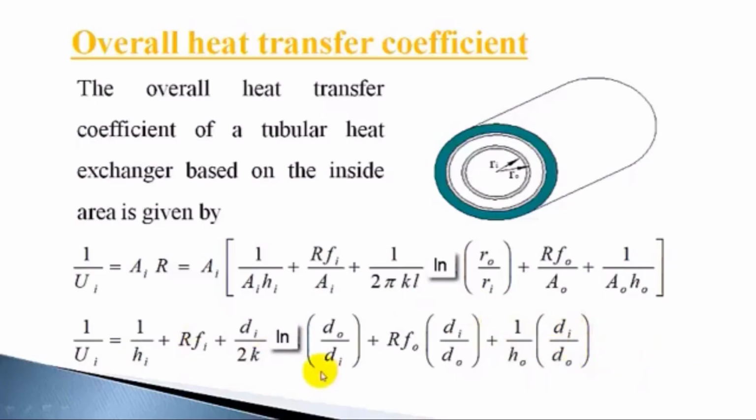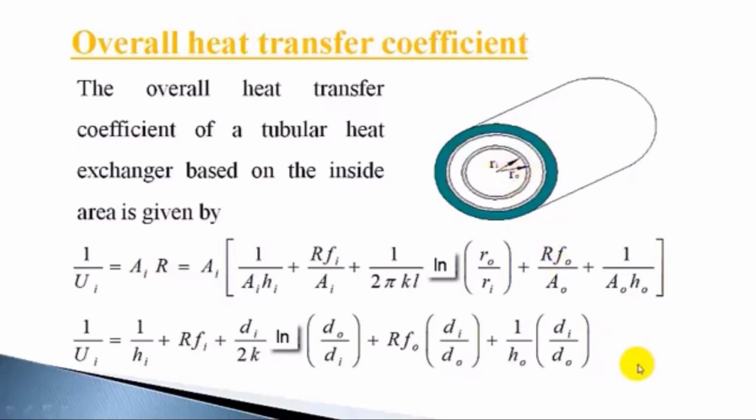Then there will not be any differentiation between Ui and U0 also. You can represent 1 by U is equal to 1 by Hi plus 1 by H0. There will not be much difference between Ui and U0 because area difference will not be much if the thickness of the separating wall between the fluids decreases, and if the thickness is very small, AI by A0 ratio tends to 1, and di and D0 the difference will become very small.